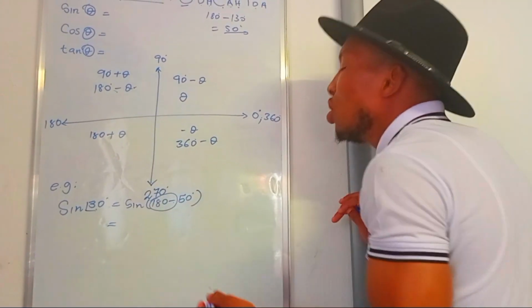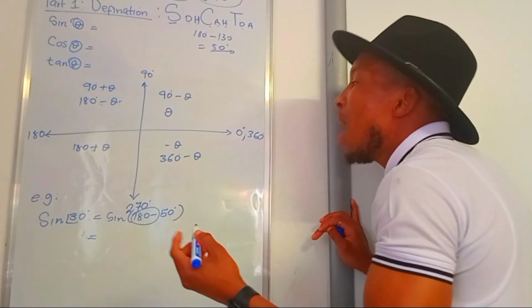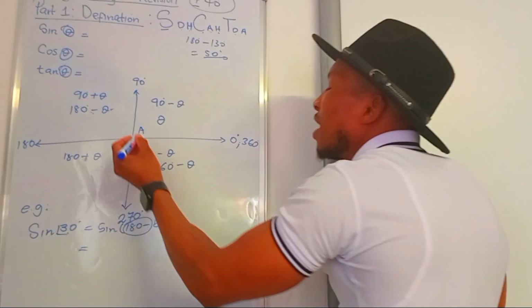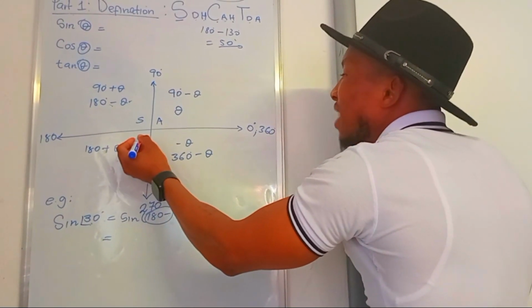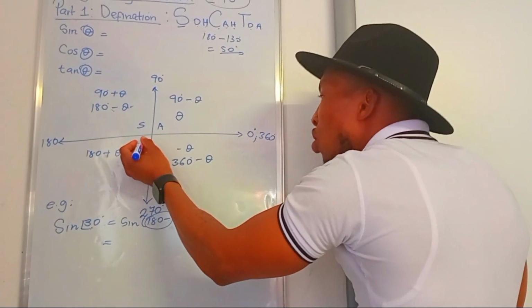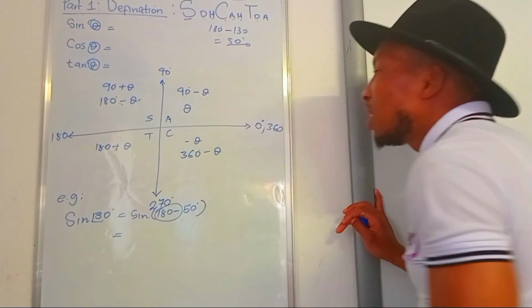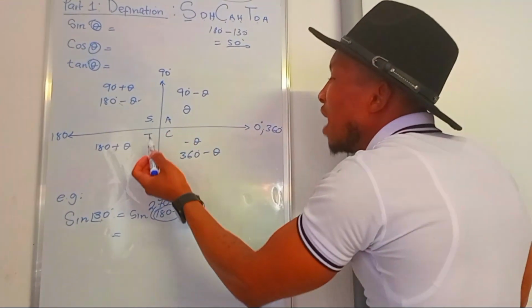Therefore, is sine on quadrant number 2 positive or negative? Remember, on the Cartesian plane, all the trig ratios are positive on quadrant number 1, only sine is positive on quadrant number 2, only tan is positive on quadrant number 3, and only cos is positive on quadrant number 4. All students take coffee.